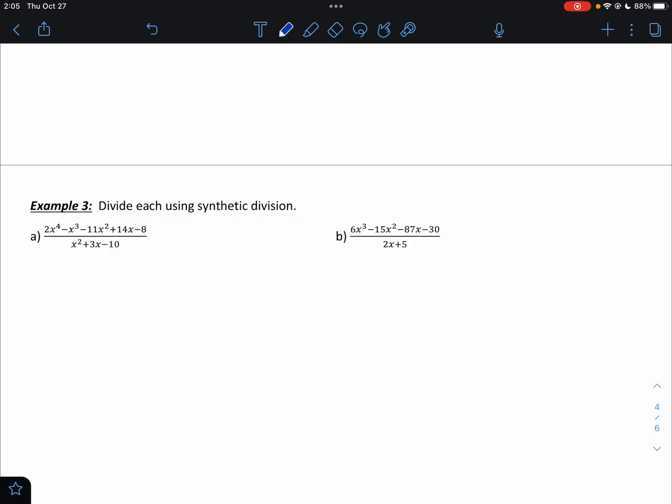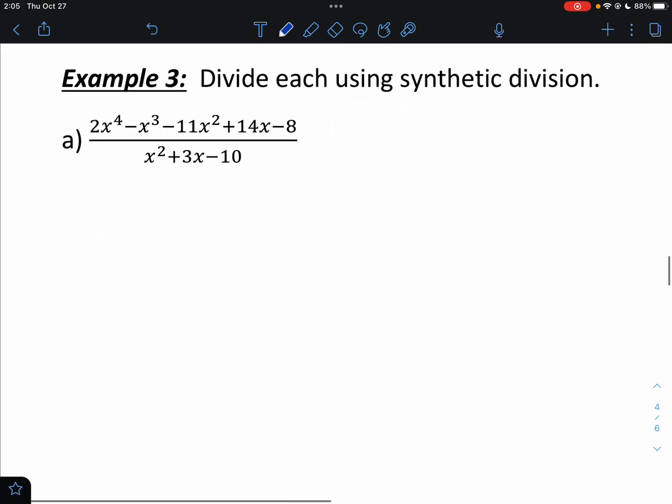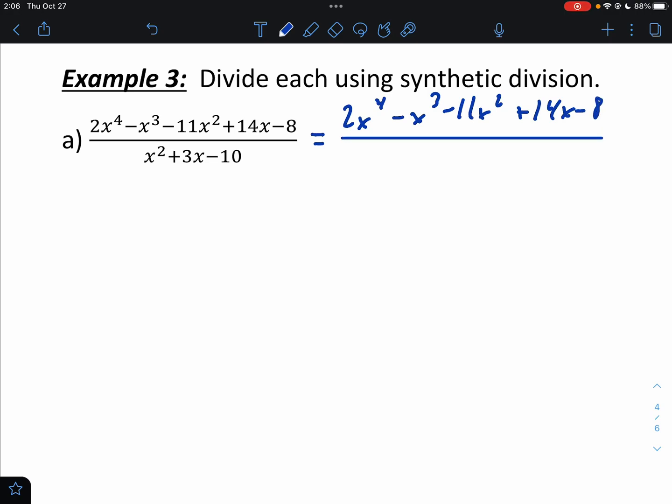A couple more examples. So it looks like we can't use synthetic division on A, but in fact we can because the denominator, even though the denominator is a quadratic, we can factor it into 2 linears. So really, this just means divide it by it twice, one at a time.